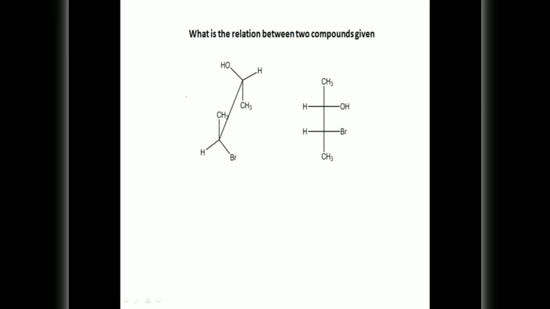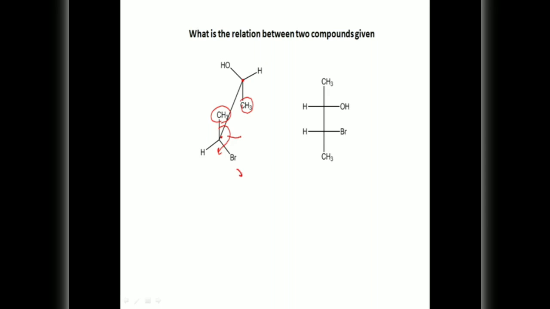Now, what is the relation between these two compounds? Here it is a rear carbon and it is a front carbon. At this front carbon, the methyl is in the upward direction, while in this case the methyl is in the downward direction. So this must be rotated by 180 degrees.